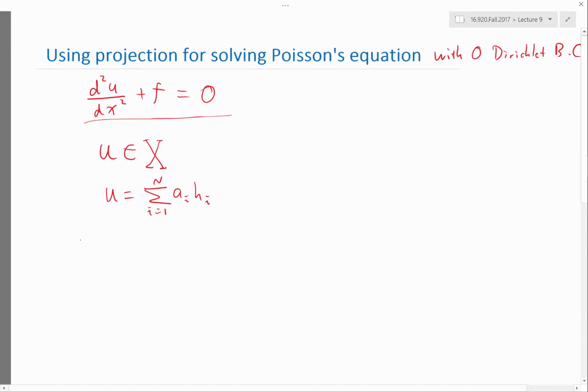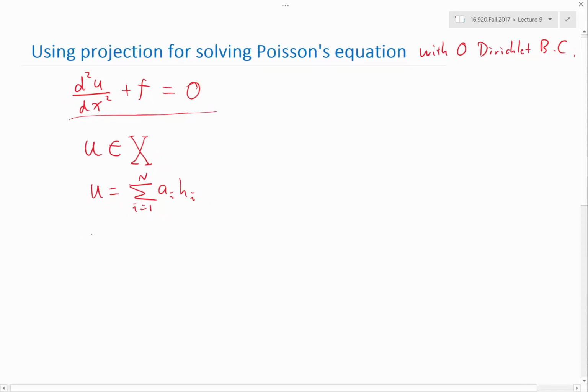We are saying, okay, I'm going to get a residual equal to r, but I want my r projected into the space of X to be 0, right? Or in another sense, r is the element that minimizes the inner product of r minus 0 with r minus 0. Does it make sense, right?